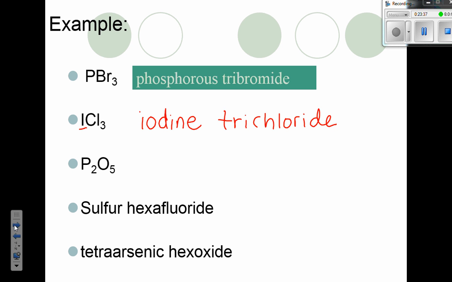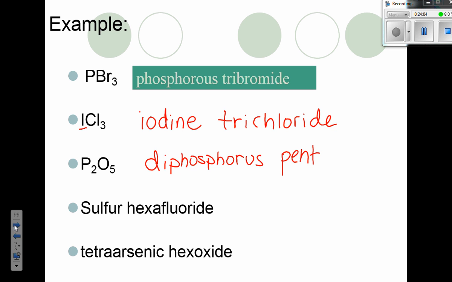Alright. What do we have going on in the next one? Pentoxide. Okay, what's before that? Diphosphorus. Di, 2. There's 2 there. The capital P represents the element phosphorus. And the 5 tells us pent.